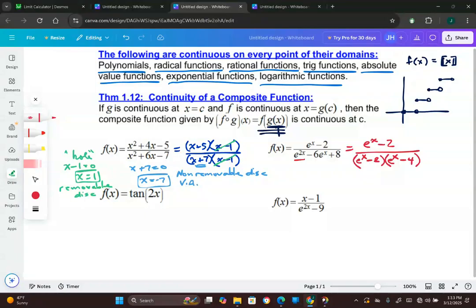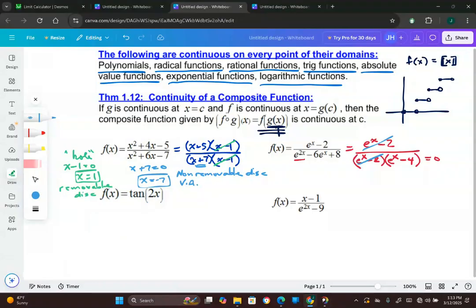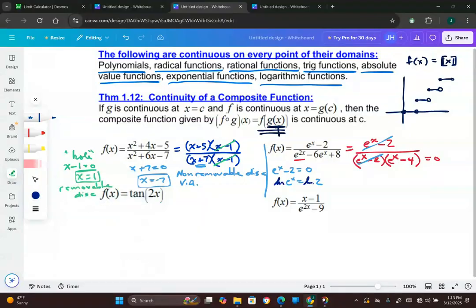Now what we're supposed to do is set each factor equal to 0. Well, wait a minute. Do you notice these cancel? When you do e to the x minus 2 equals 0, you get e to the x equals 2. And then how do I solve that? I take the natural log of both sides, and I get x equals the natural log of 2.